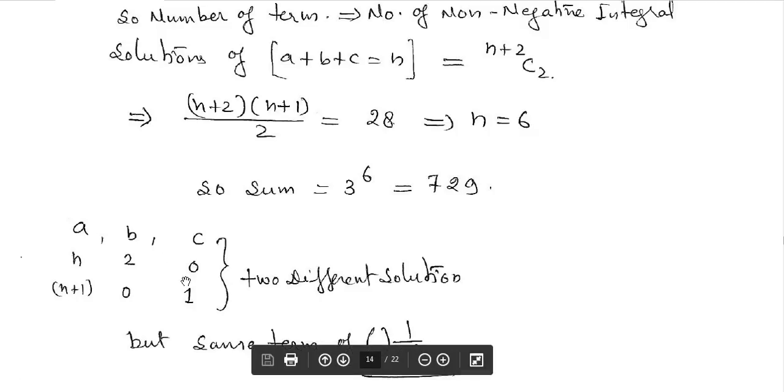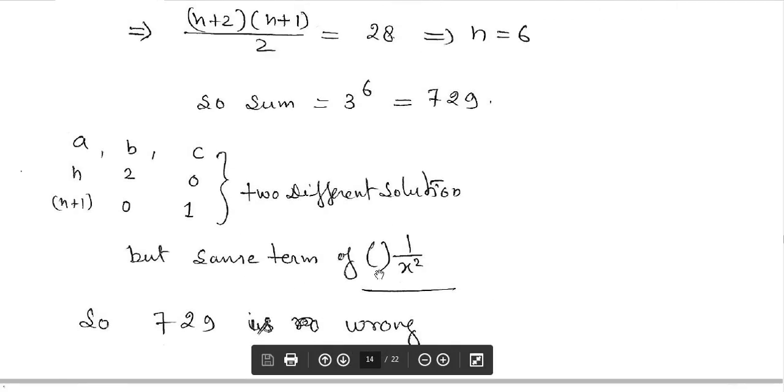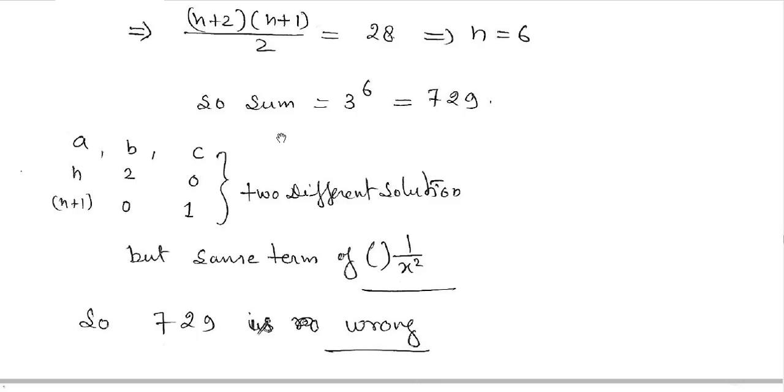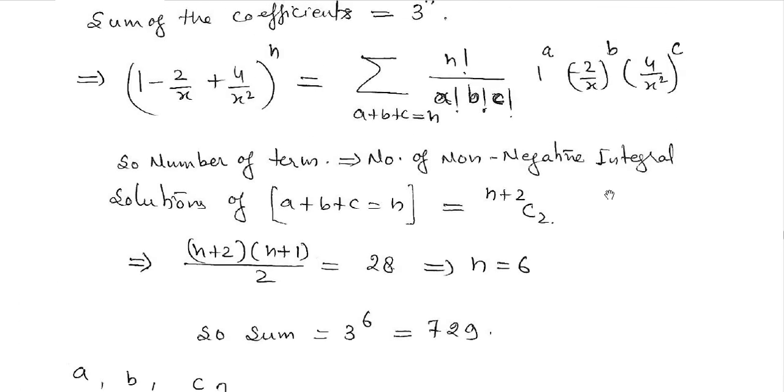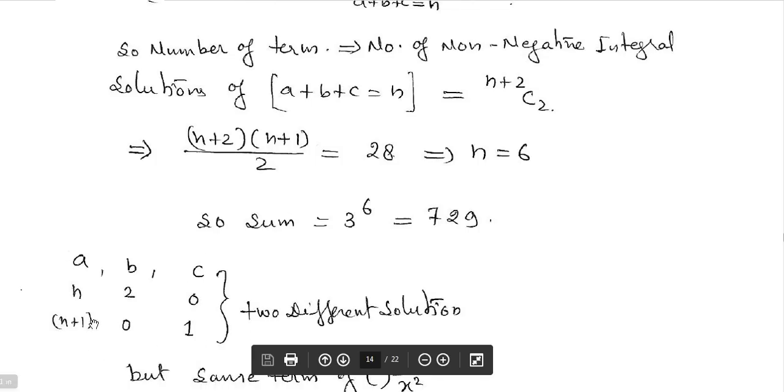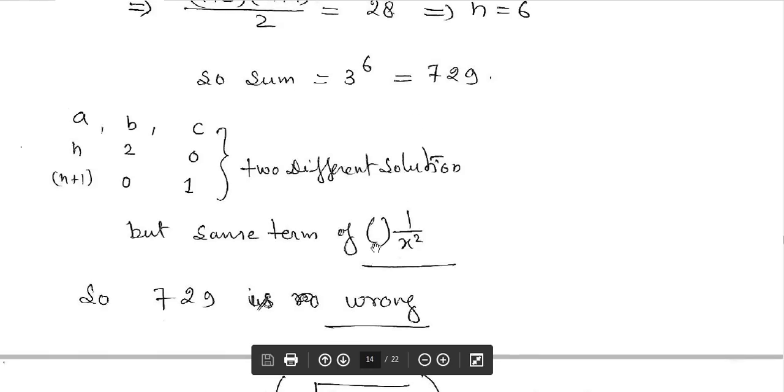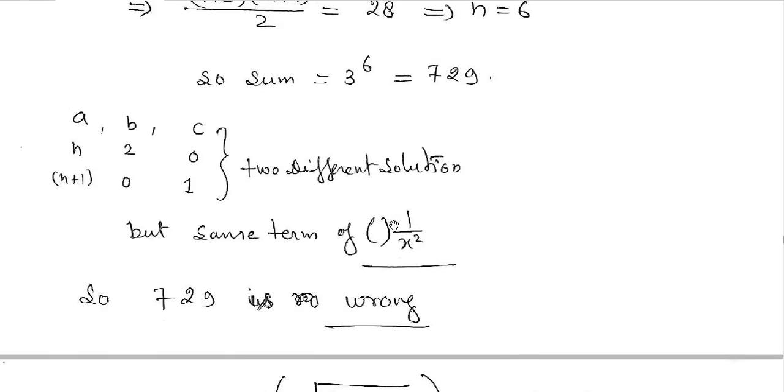In these two cases, we are getting the same term, 1 upon x squared. In the same way, another situation is c is 1, this is 0, and this is n plus 1. So these are two different solutions counted in this part, but these two different solutions gave the same term. So this is the wrongness in this.